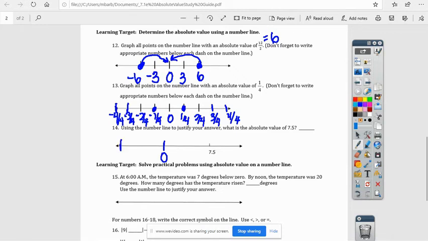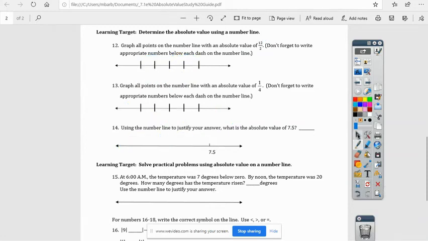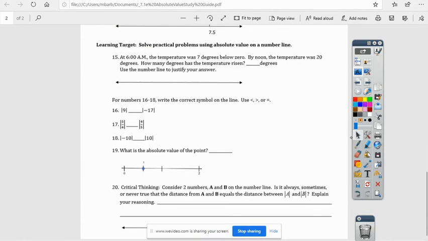And you can also have negative 7.5 because it's the same distance from 0. So 7.5 and 7.5. All right. I'm going to give you guys a minute to write that down, and I'm going to erase and scroll down to number 15.